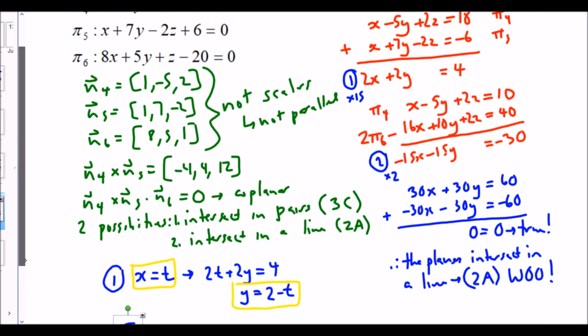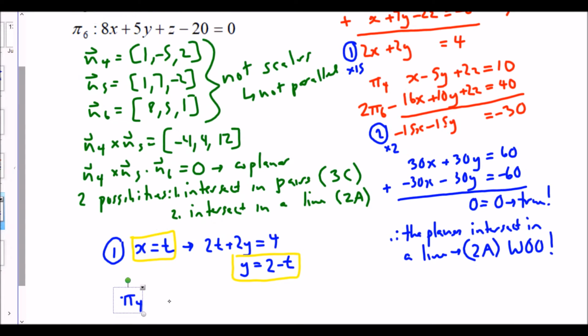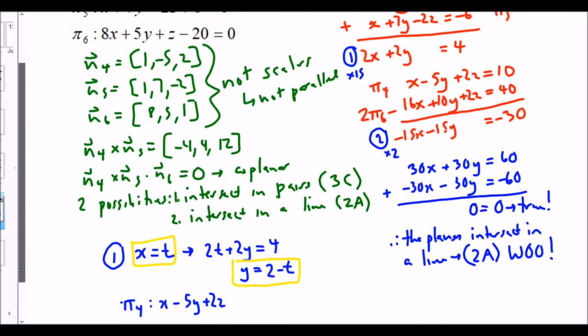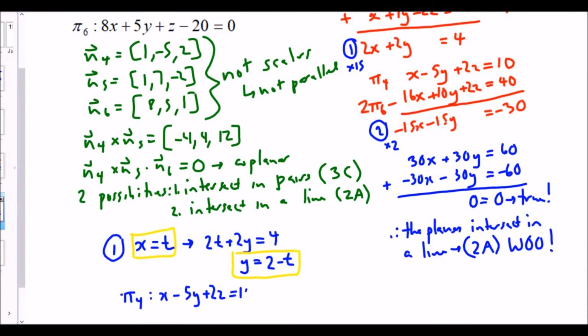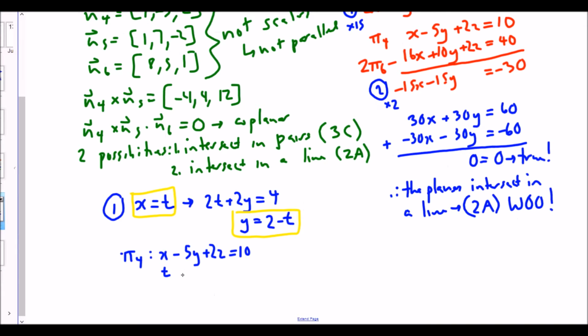So I'm going to put these two into plane 4, which I cannot see at this moment. So plane 4 is x minus 5y plus 2z, I believe, is equal to 10. Yep. Plug these values in, so I get t minus 5 bracket 2 minus t plus 2z is equal to 10.